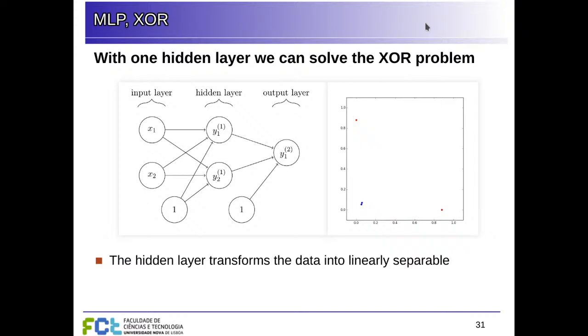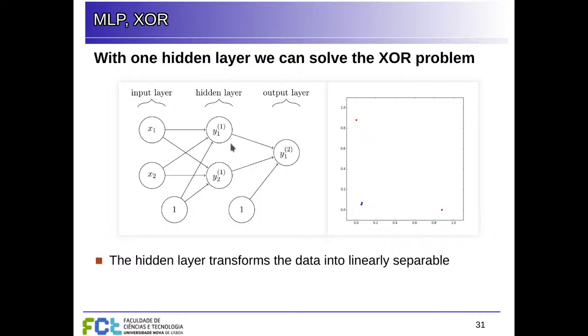But after you do this part, you're going to add one hidden layer to solve the exclusive OR problem. The hidden layer will change the representation of the data. And so what the output neuron is seeing is actually a transformed version of the data, where it can, with a linear discriminant, separate the two classes.